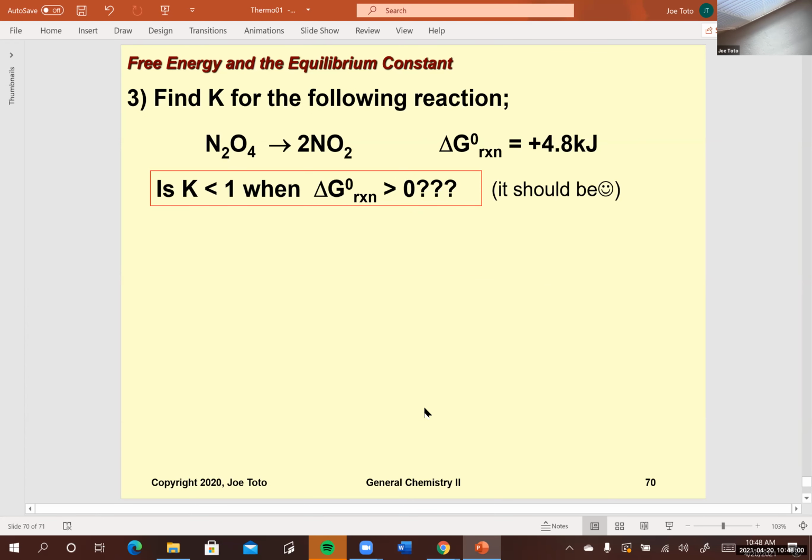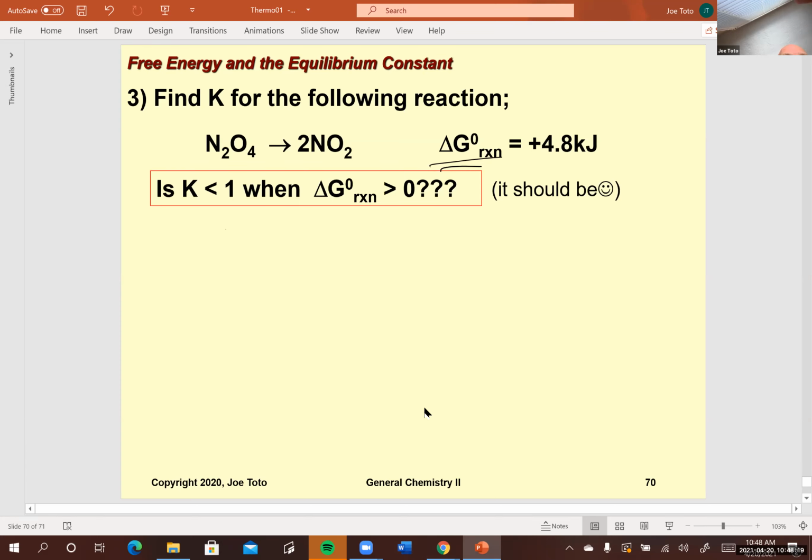All right. Now this last problem asks you to find the equilibrium constant given a delta G of the reaction. And we know what the relationship between delta G and the equilibrium constant is now.